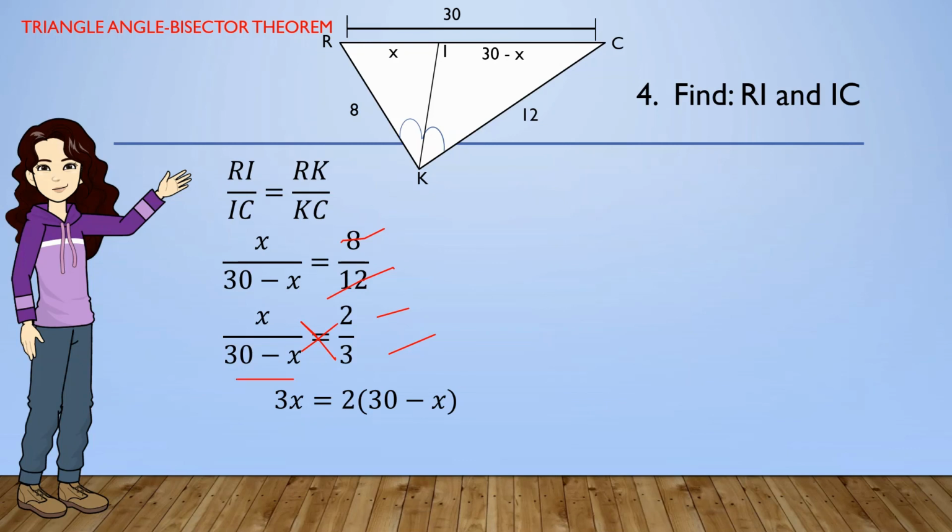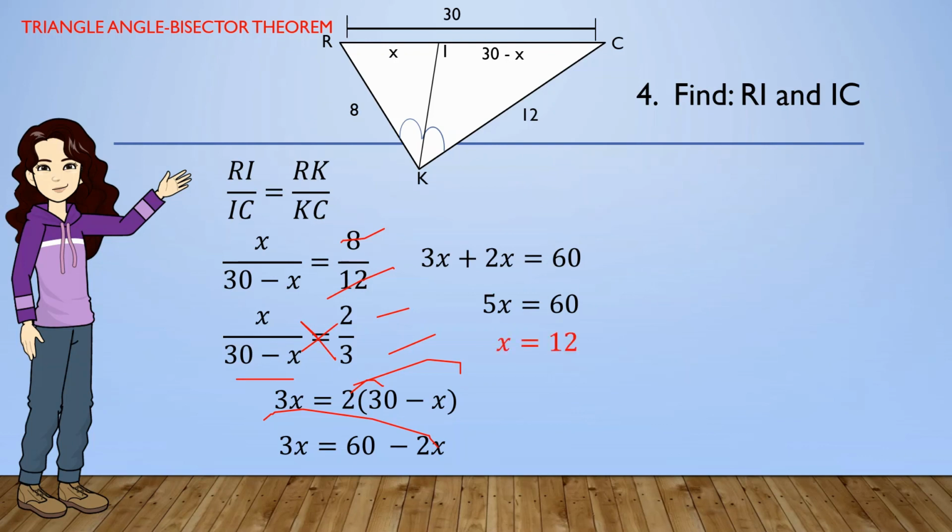Then distribute: 3x is equal to 2 times 30 is 60, and 2 times negative x is negative 2x. Then addition property: 3x plus 2x is equal to 60. 5x is equal to 60, divided by 5, and x is 12.